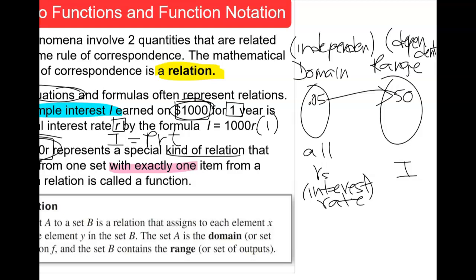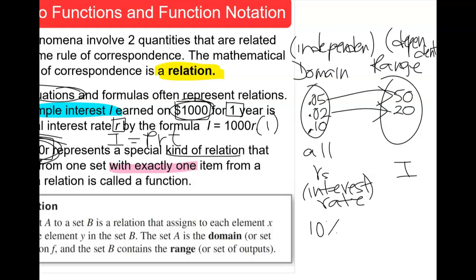R is the interest rate. Now, if we change the interest rate to 2%, then we will have $1,000 using this formula times 0.02, and that will give us $20. Now, if the interest was, let's say 10%, we have to convert to decimal from percent, so we divide by 100, and that means moving your decimal point 2 units.